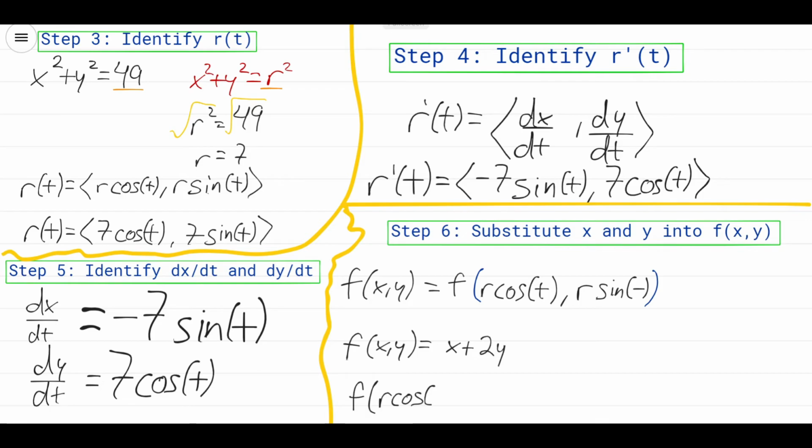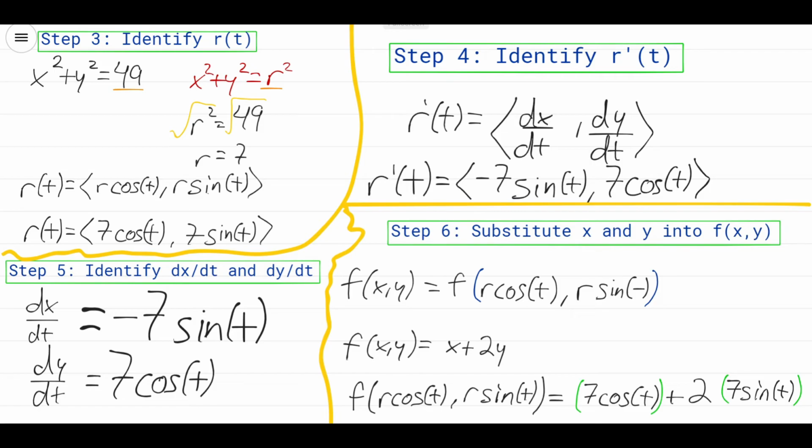So f of r cosine of t, r sine of t is going to be equal to, our r is 7, so it'll be 7 cosine of t plus 2 times y, which is our sine of t, or 7 sine of t. And that's our f of x, y in terms of t.